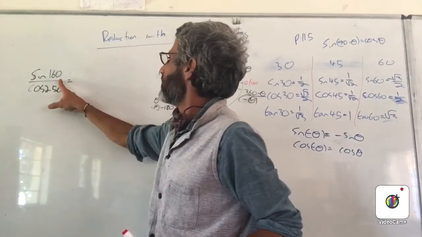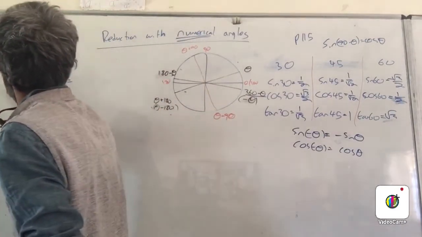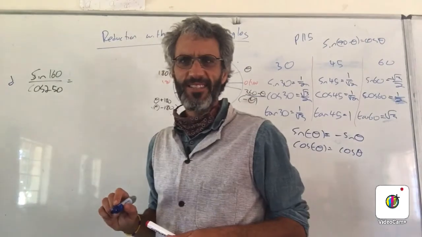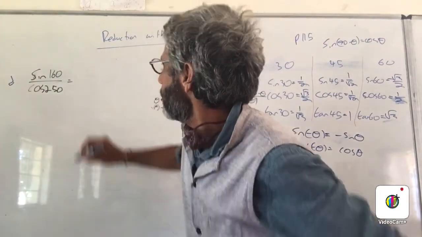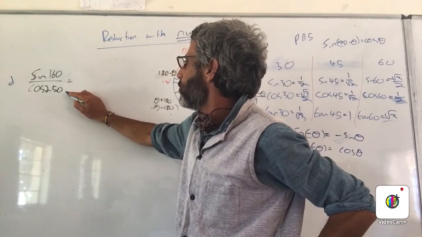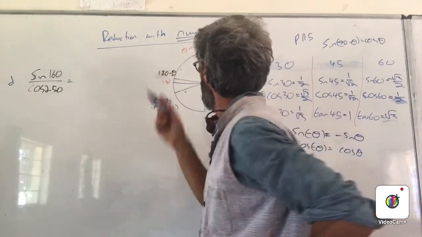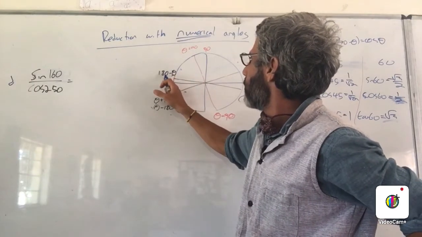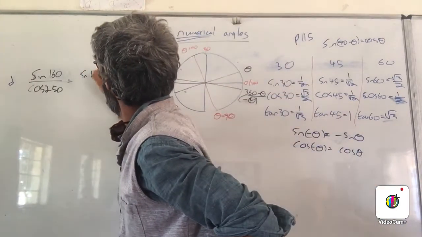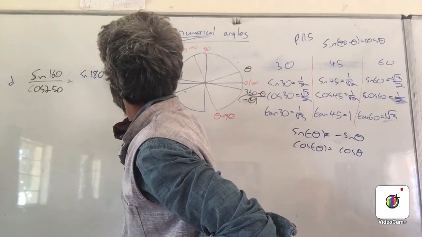So sine 160, that was question D that I gave you, very cheekily. Some of you managed to do it anyway, which is quite impressive. So sine 160 over cosine 250. Now if you followed the rules that I told you, we'll say, sine 160 lives in the second quadrant, so I'm going to try and write it as sine (180 minus 20).